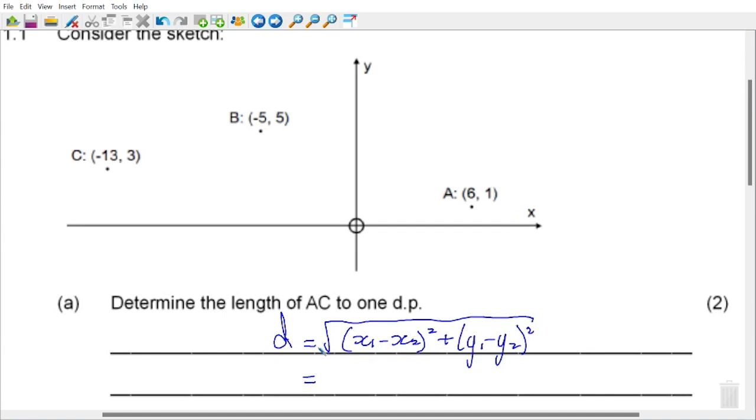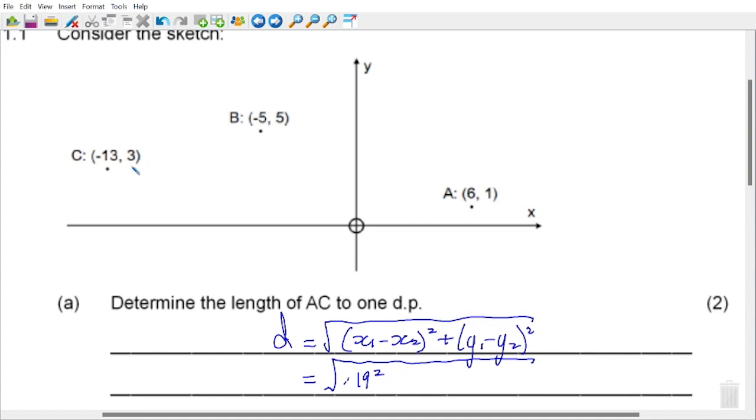Right, so here from A to C, the distance on the x coordinates is actually 19, so it's going to be 19 squared. That's either minus 13 minus 6 or 6 minus 13. Either way we'll get 19 because when we square it, even if it's negative 19, it's still going to be 19 squared.